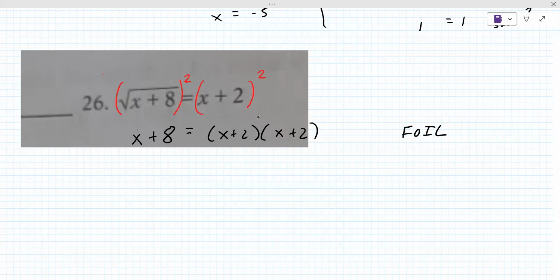Okay. So the first would be x squared plus outer would be 2, 4. No. Okay.